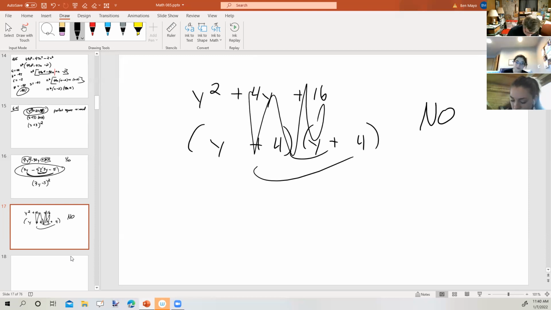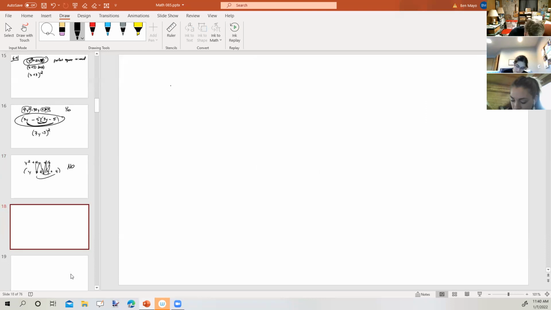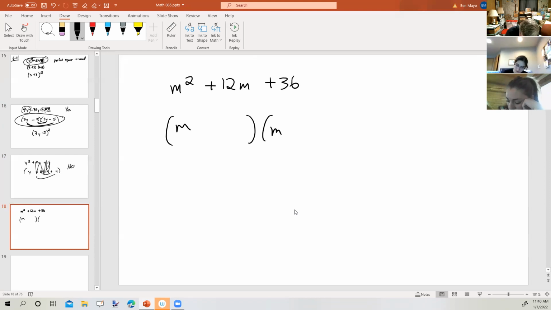Okay. How about this one? M squared plus 12m plus 36. This is a trinomial in standard form. No greatest common factor. It starts with a square and ends with a square, and there's a plus sign in front of it. So it's a good candidate. Let's see if it is.